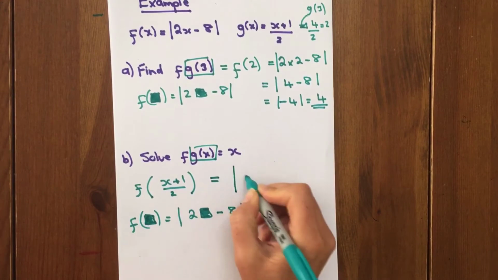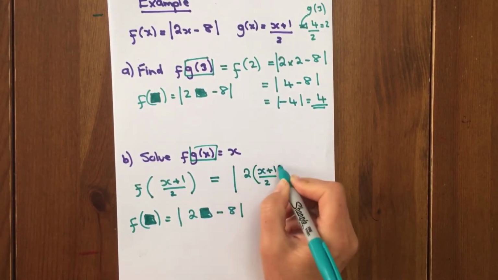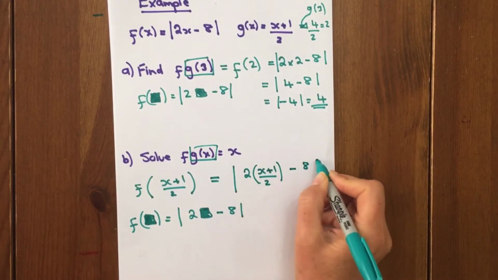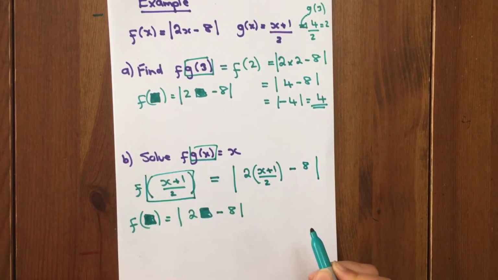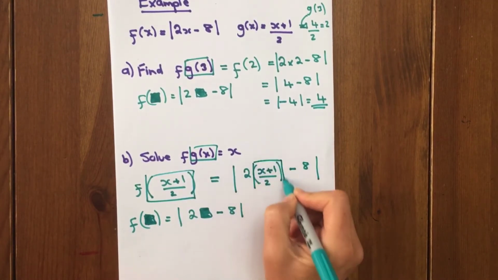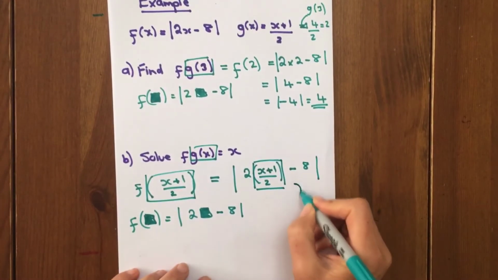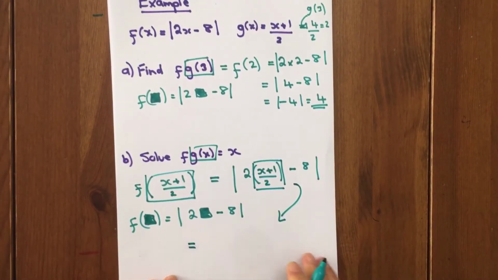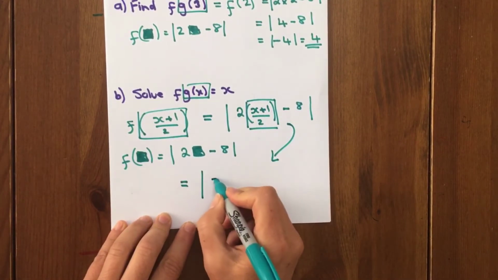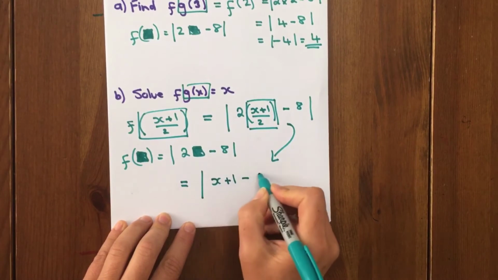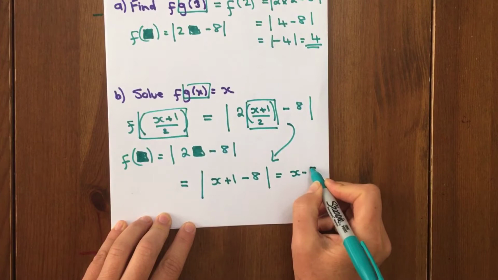So my box now is x plus 1 over 2, and f means 2 lots of the box take away 8. So my 2's will cancel, so I'll have the modulus of x plus 1 minus 8, which will be the modulus of x minus 7.